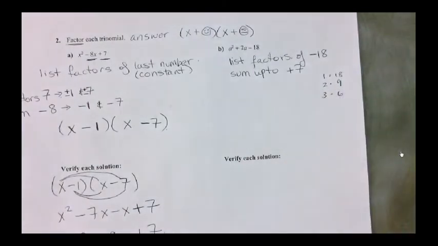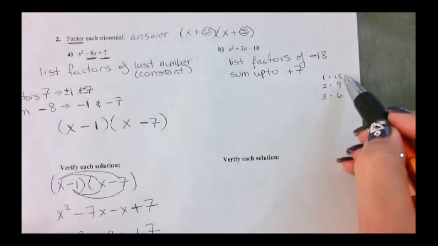And in order to get a negative 18, when I'm multiplying two numbers together, what can you tell me about the signs of it? One has to be positive, the other has to be negative. Right, they have to be opposite signs. Okay, so now think through, which are going to sum up to give you a positive 7?